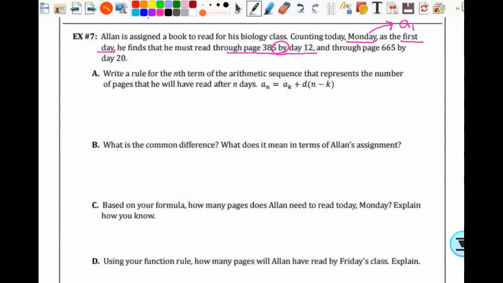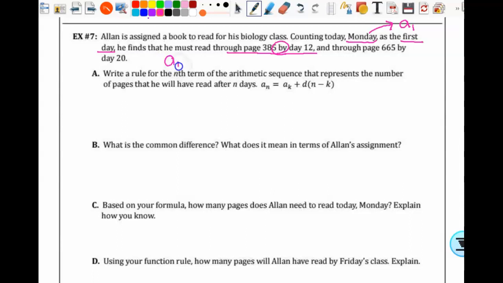Okay, so here's where we have to think a little bit. By day 12 means when day 12 starts, he has to have read 385. So, is A sub 12 385? Because that would be the 12th day, that's what he's going to read. He has to read 385 pages by day 12.